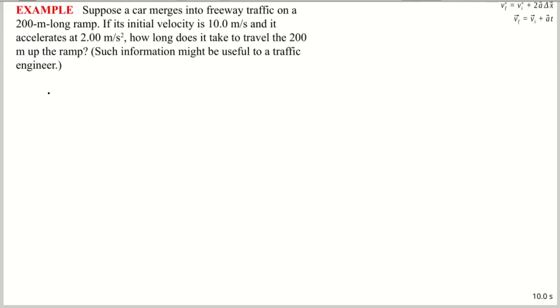Let's use v final squared equals v initial squared plus 2a delta x. Now we are going to solve for v final.